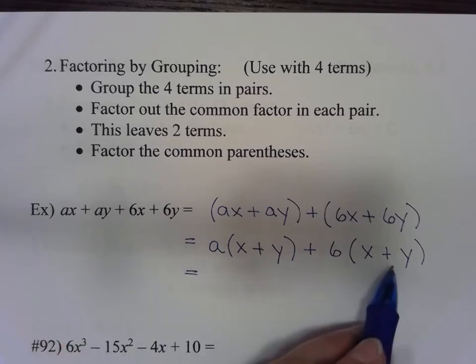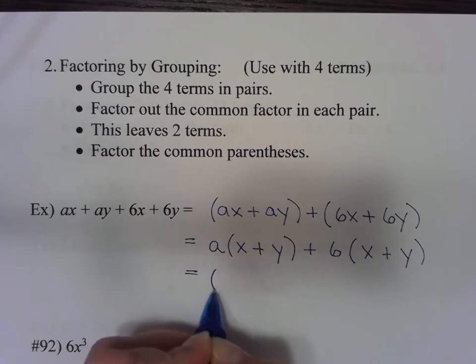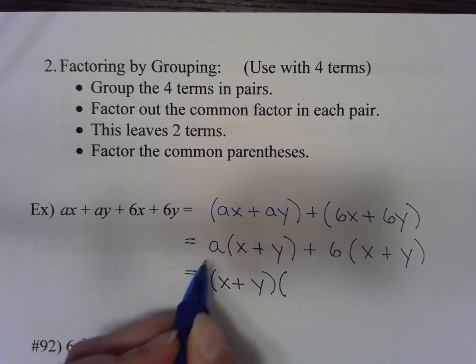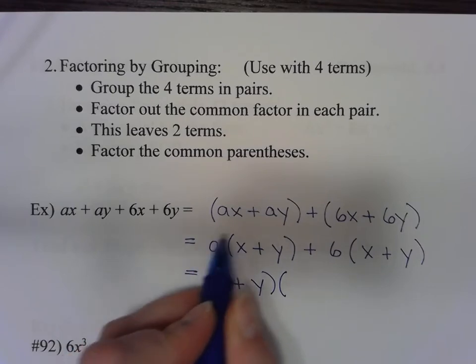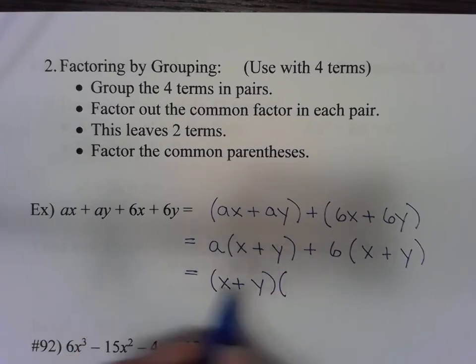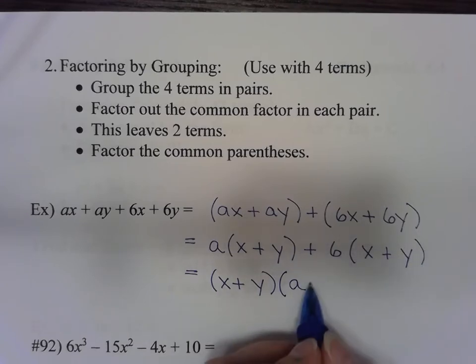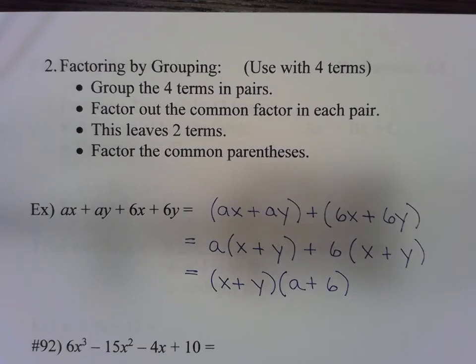So they both have an X plus Y. So I'm factoring that out. From the first big term here, I have the A left over. From the second big term, I have the 6 left over. And so it factors just like this. Okay, let's try another one.